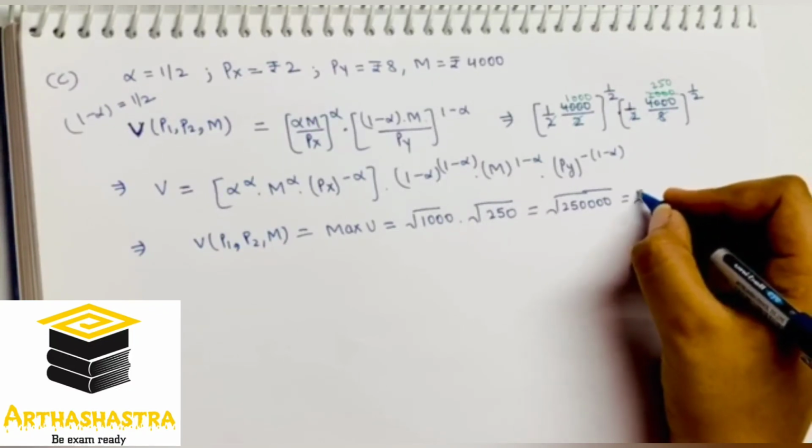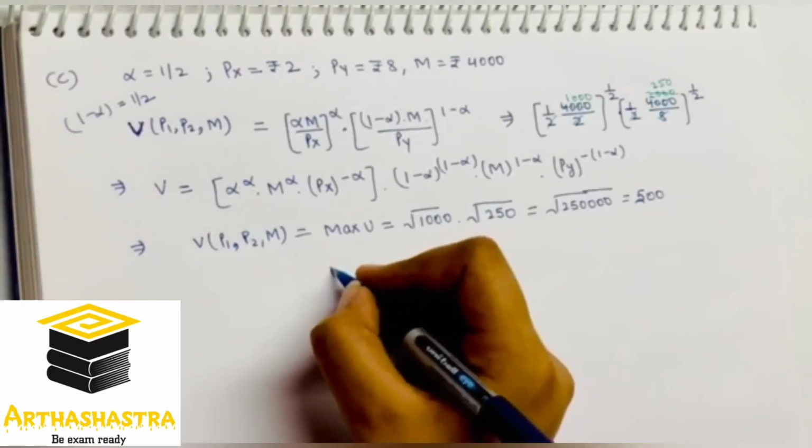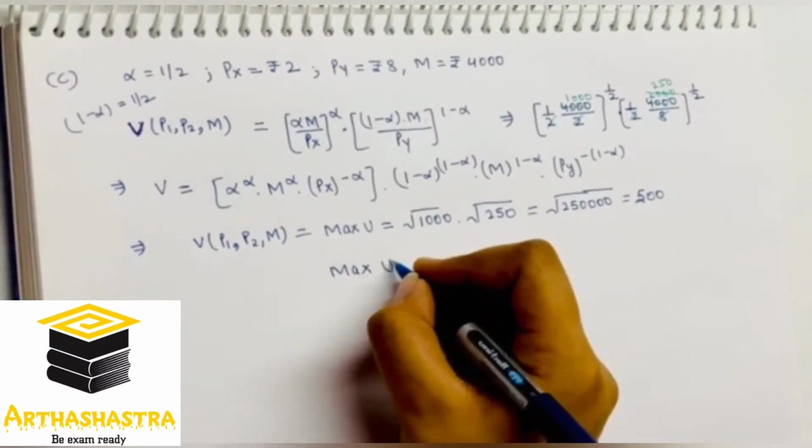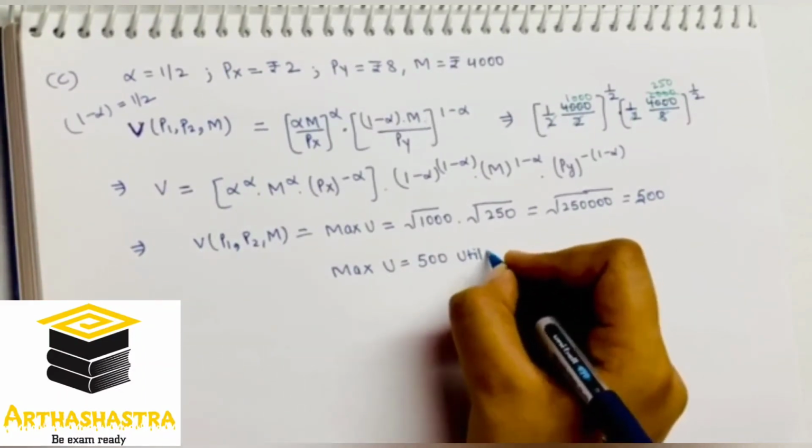So our answer is 500. So the maximum utility which a consumer derives is 500 utils.